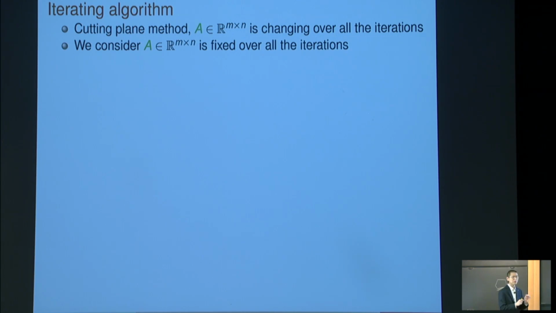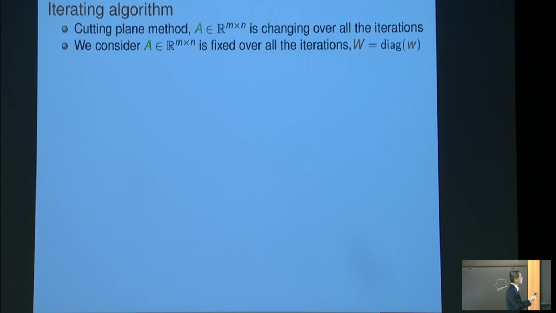In cutting plane, the constraint matrix A changes over all the iterations, because you need to delete one constraint to make sure your convex region is shrinking, matching the red one. But in LP, A is not changing. So to make it easy to understand where the bottleneck of the calculation is, we just think of A as fixed over time.